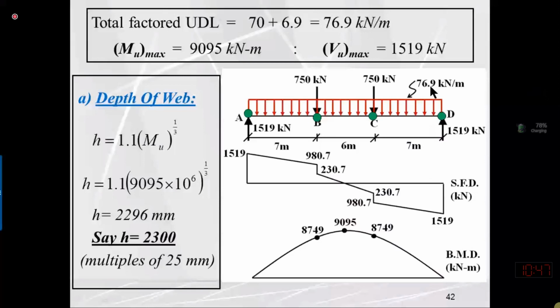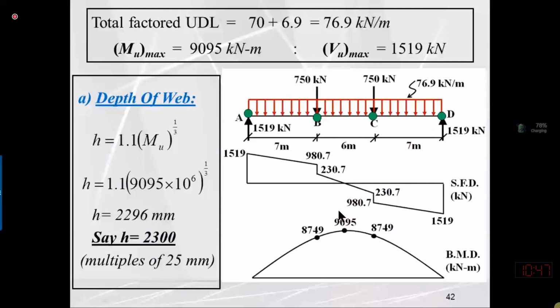You can split this beam into two parts for simplification by using the principle of superposition. One beam is subjected only to the load of 70 and the other beam is subjected to only the two concentrated loads. You can determine the maximum bending moment in the center and then add both bending moments to compute the maximum bending moment due to combined loading. But anyhow, the maximum bending moment due to the UDL load will be omega L square by 8.